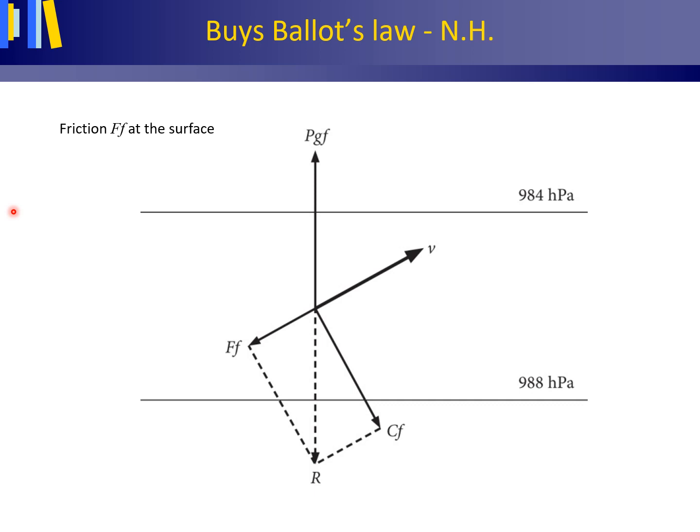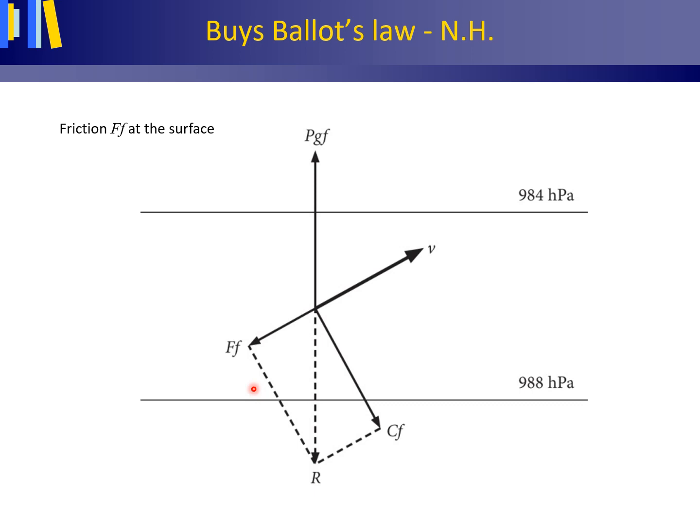This is known as the Buys-Ballot's law. The Buys-Ballot's law states that in the northern hemisphere, when you stand with your back to the wind, low pressure is in front of you to the left, and high pressure is behind you, to the right.